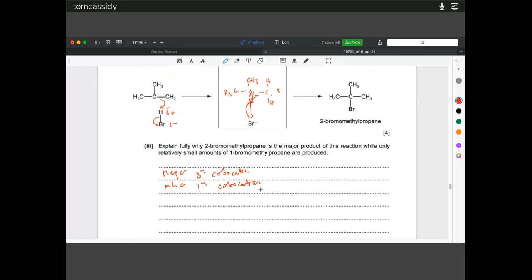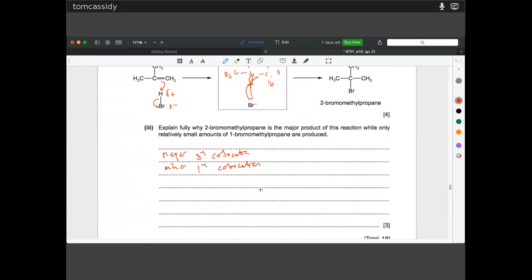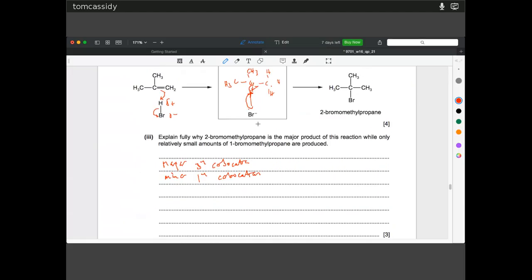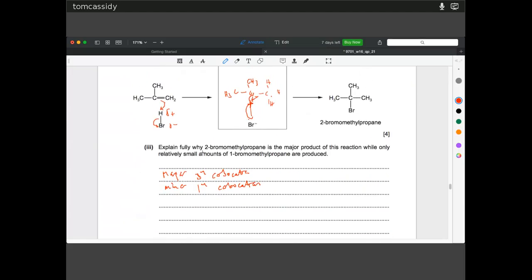And you've got to say, well, okay, we ended up with the major product, not the minor product, and there's a reason for that. And that is that the tertiary carbocation is stabilized compared to the primary carbocation. And why is it stabilized? Well, you've got a positive charge on the carbon there, and each of these methyl groups is electron releasing.